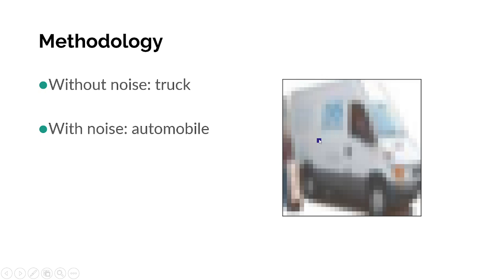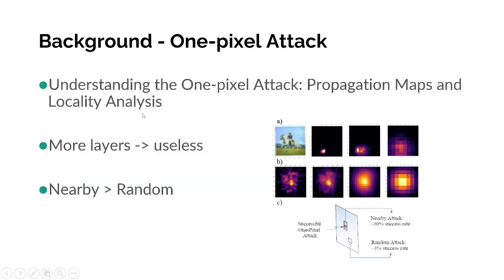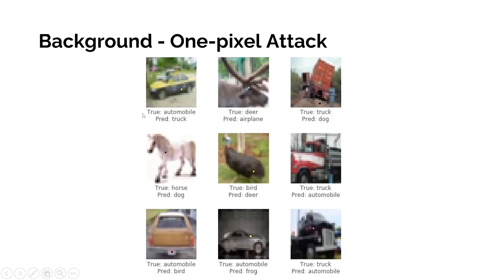So he wants to measure the difference in every pair of pixels. So by this way, he can construct a difference map of an image, and he thinks he can try to deal with this kind of 1 pixel attack in adversary attack.